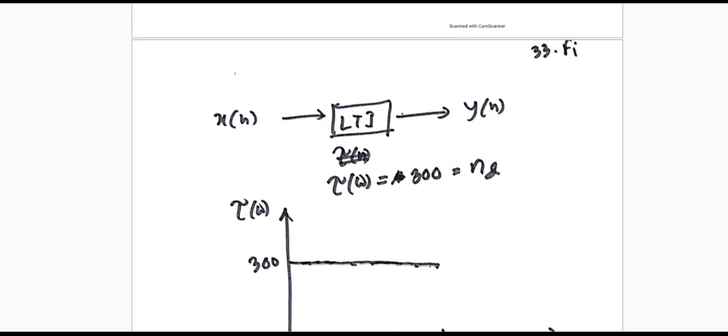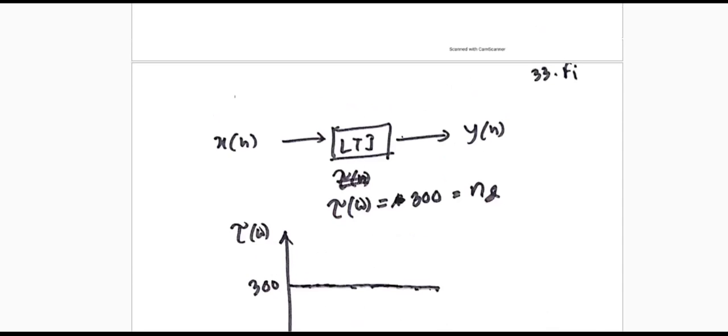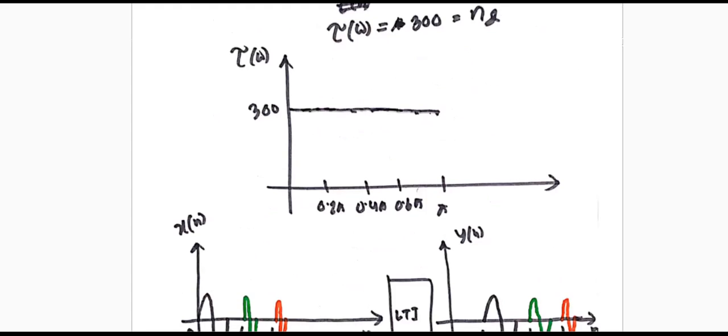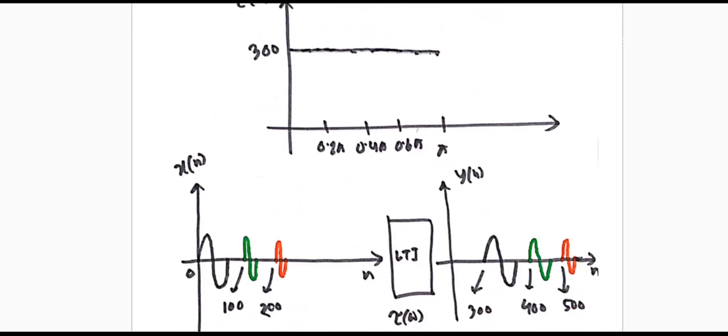The rate of change is not a function of the frequency, that means it is a constant value. So for the higher frequency and lower frequency, you have the constant 300 sample delay. It's mentioned here: for 0.2π, what is the delay? 300. For 0.4π, how many delays did it experience? 300. For 0.6π, it also experienced a 300 sample delay.